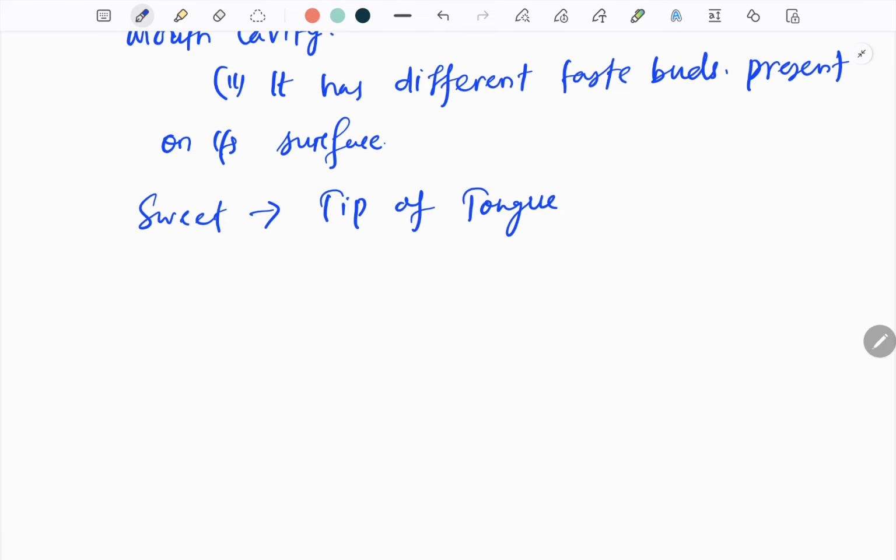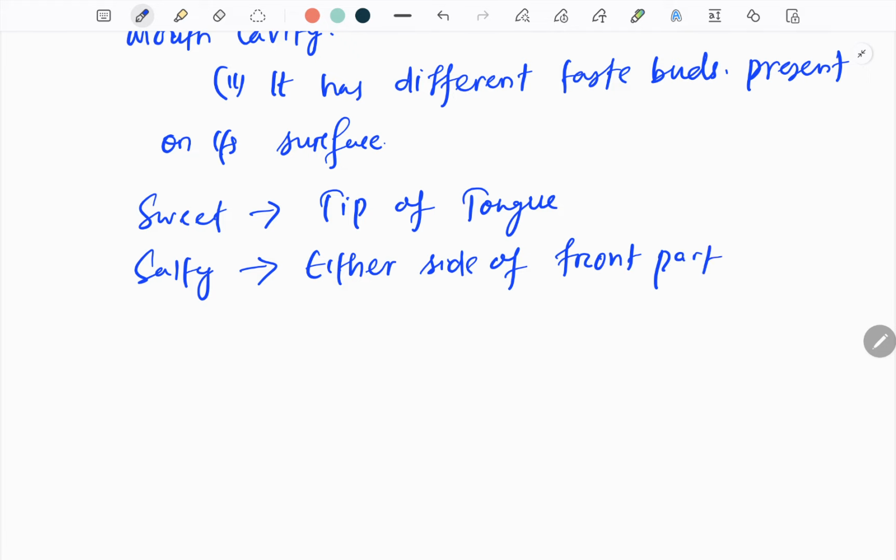Salty taste is identified by either side of the front part of the tongue.